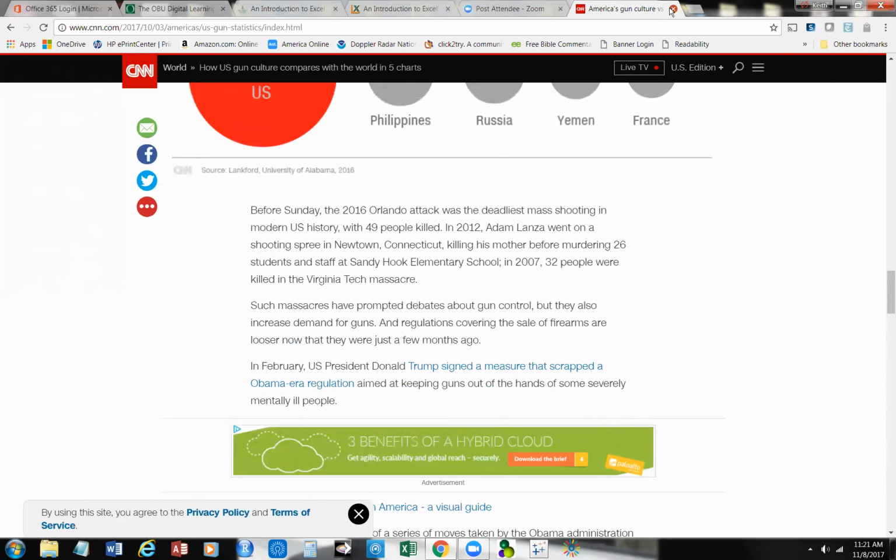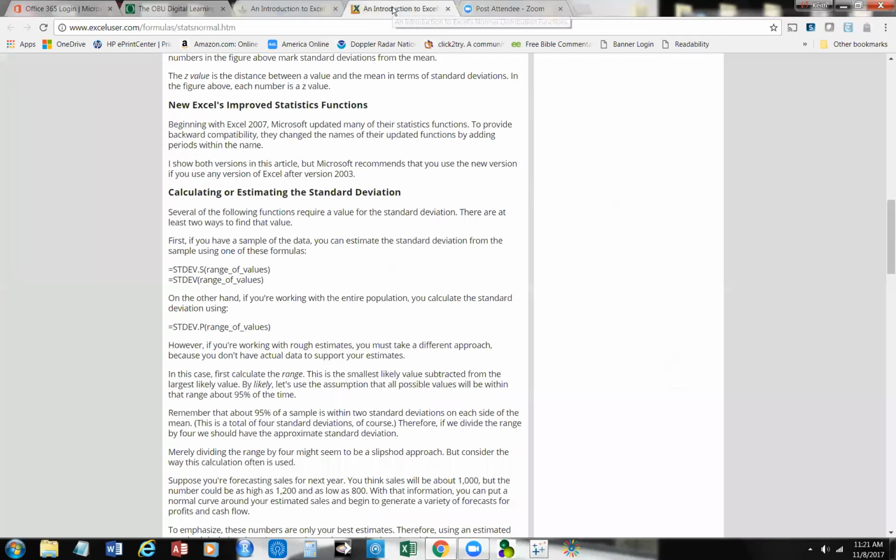What they showed was the number of mass shootings in the United States as a huge outlier versus the rest of the world. The only country in the world that comes close to us in terms of gun violence is Yemen. Yeah, we're right up there in some good company. But what was implied was that there's a direct relationship between gun ownership and mass shootings. The more gun ownership, the higher the mass shootings.